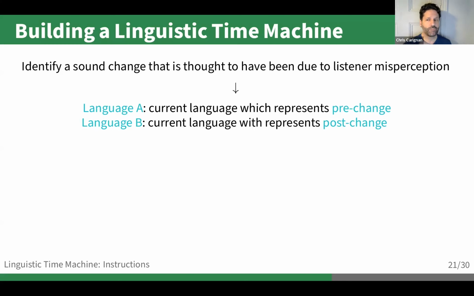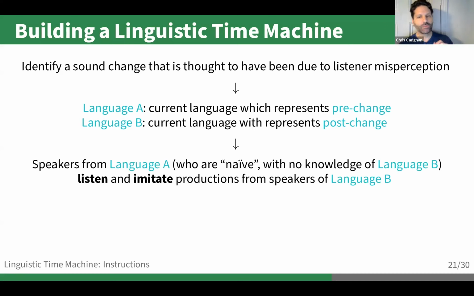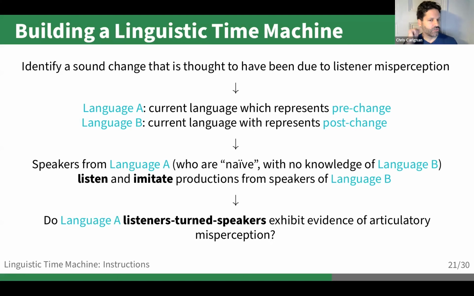One of them needs to be before the change has happened. Then speakers from language A who don't know language B, these are naive listeners, listen to and imitate productions from speakers of language B. And then the question is, do language A listeners turned speakers exhibit evidence of articulatory misperception in the same way that we think historically was the case that led to sound change?